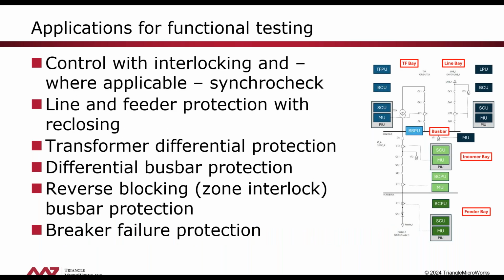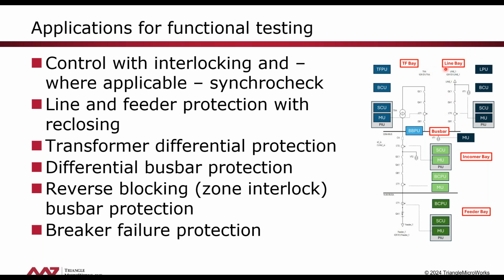On this slide, we see the functional tests that we were planning to run. On the left side and on the right side, we see the single line that we had as a background. And we had basically four different scenarios that we could test.